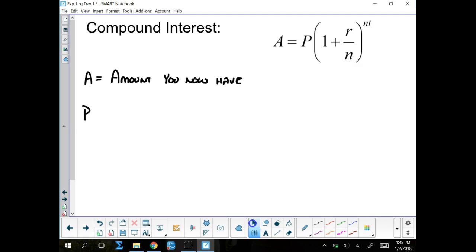P is your starting amount, otherwise known as your initial investment. R is your percent, or I should say interest rate.